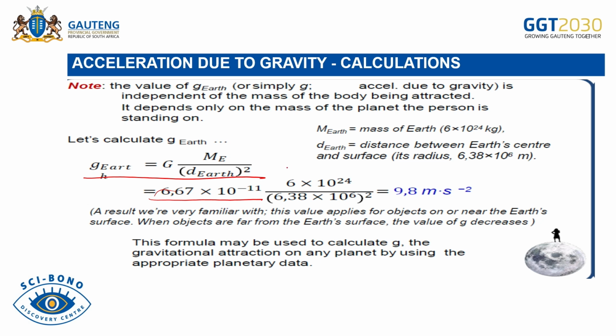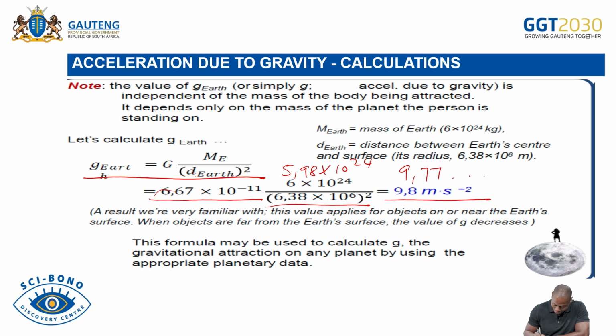Here, actually, they're supposed to use 5.98 times 10 to the power 24. And then the radius of the Earth, because this d or r squared in this equation is the radius of the Earth, is 6.68 times 10 to the power 6, all squared. This is from the data sheet, which is the radius of the Earth. And here they got 9.7 something, which is approximately 9.8.